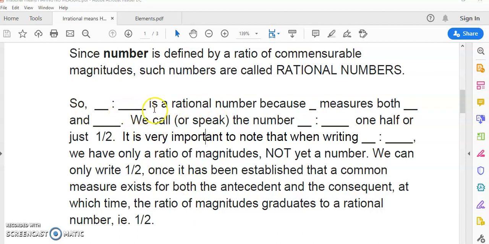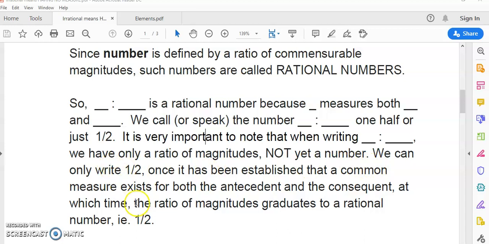So this is a rational number because this little line here that you see measures both of these lines. Okay, so we call or speak this ratio here or number 1/2 or just 1/2. It's very important to note that when writing this ratio, we only have a ratio of magnitudes, not yet a number.